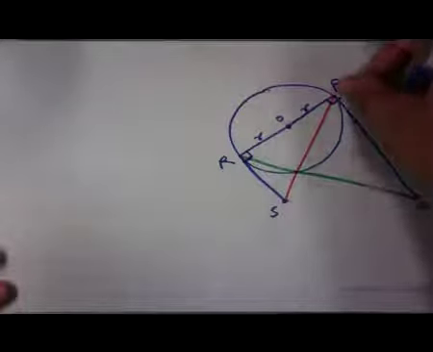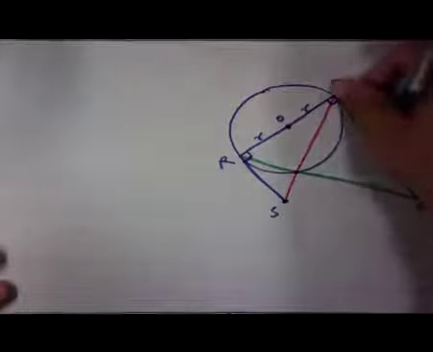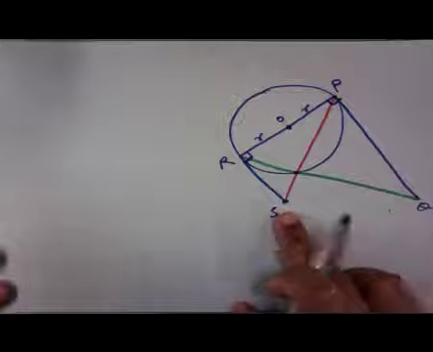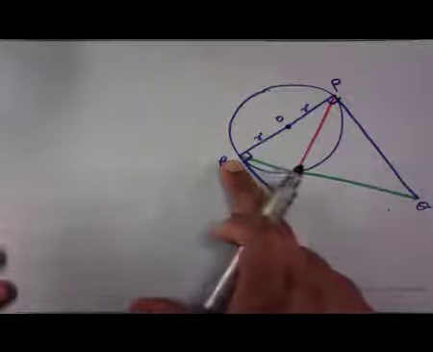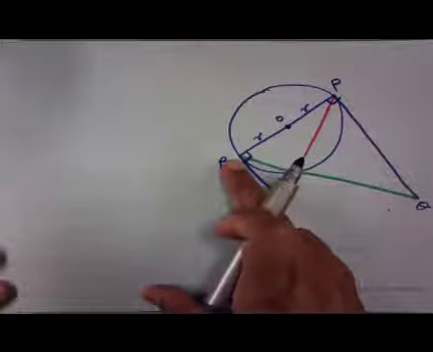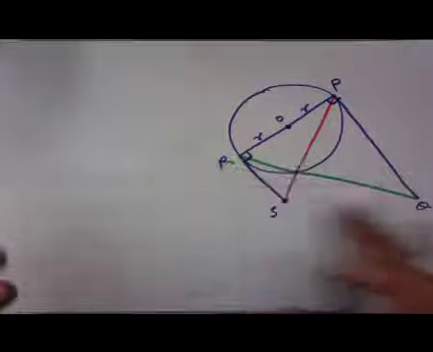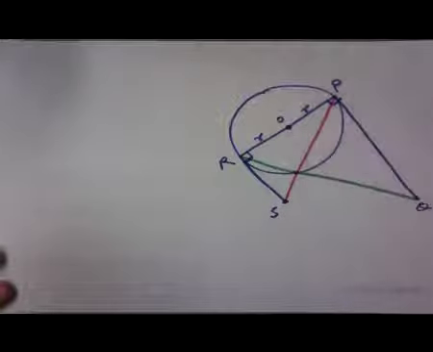One is drawn from the point P of this tangent to the point S of the other tangent, and the other is from the point of contact of this other tangent to the circle, which is point R, to the point Q of the first tangent.